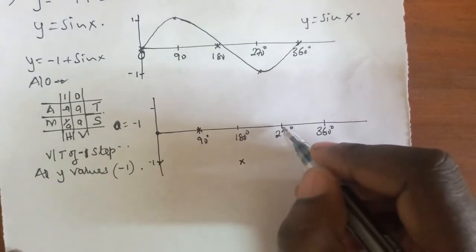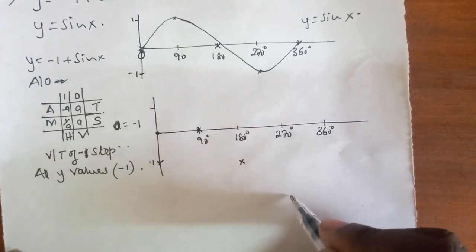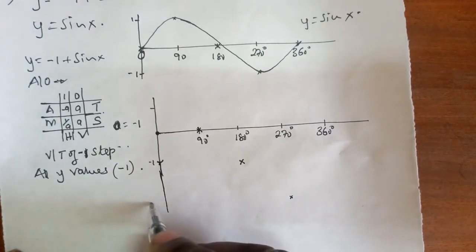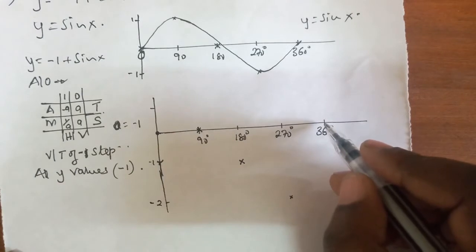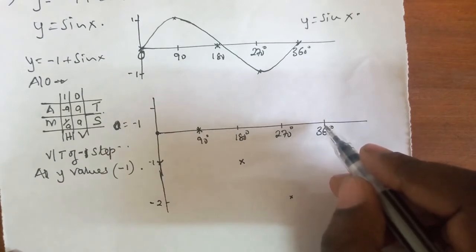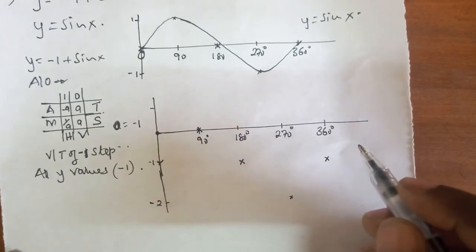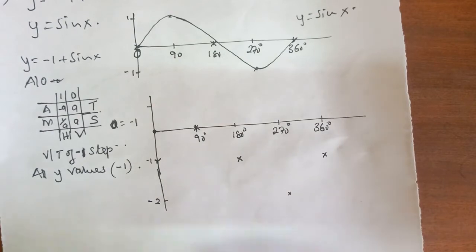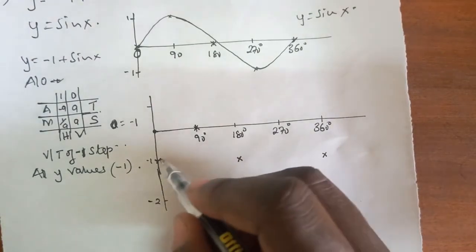When x was 270, y was -1, -1 minus 1 becomes -2. When x was 360, y was 0, and 0 minus 1 becomes -1.